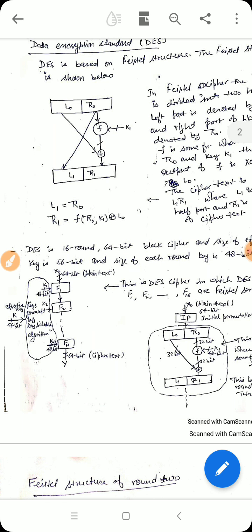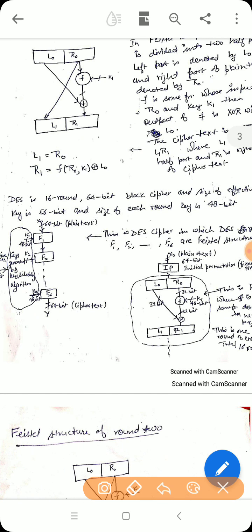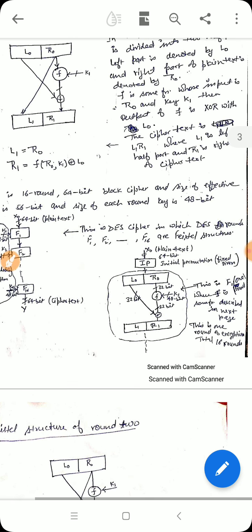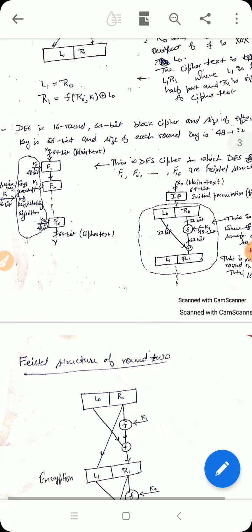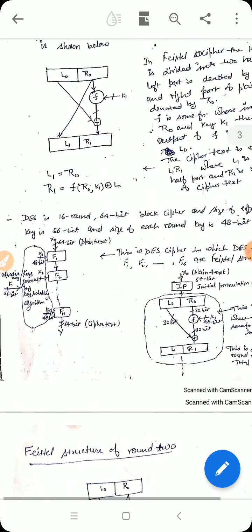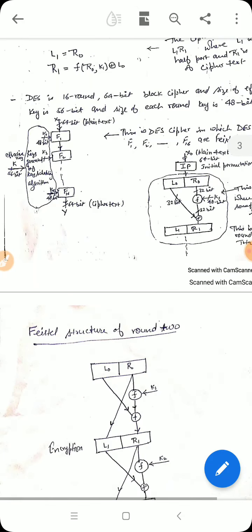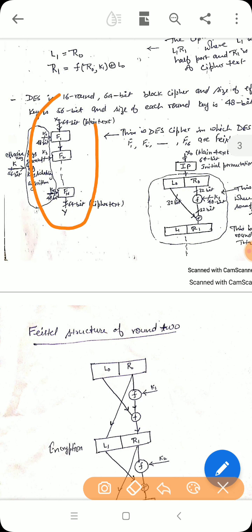So here L1 is the same as R0, and R1 is L0 XORed with F of R0 comma K1. So in DES, all these rounds are Feistel rounds. There are 16 Feistel structures in DES.